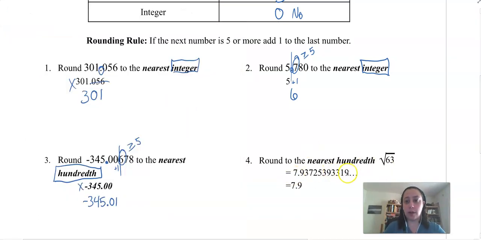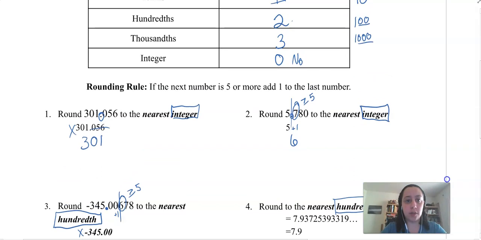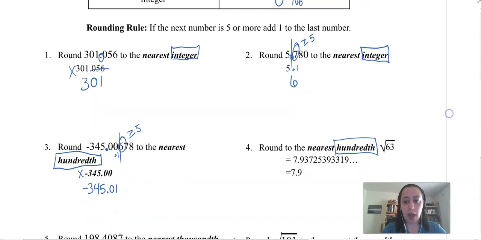Let's check if it's rounded to the correct place. This says nearest hundredth. Hundredth, 2 decimals, 2 numbers after the decimal point. Do we have that here? No, they only wrote 1 number after the decimal point. We need 2 numbers after the decimal point. So let's count 2 numbers after the decimal point.